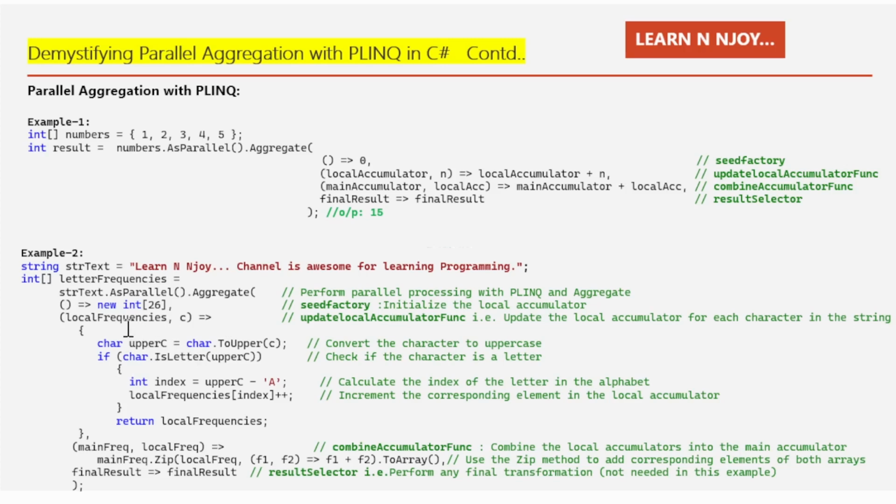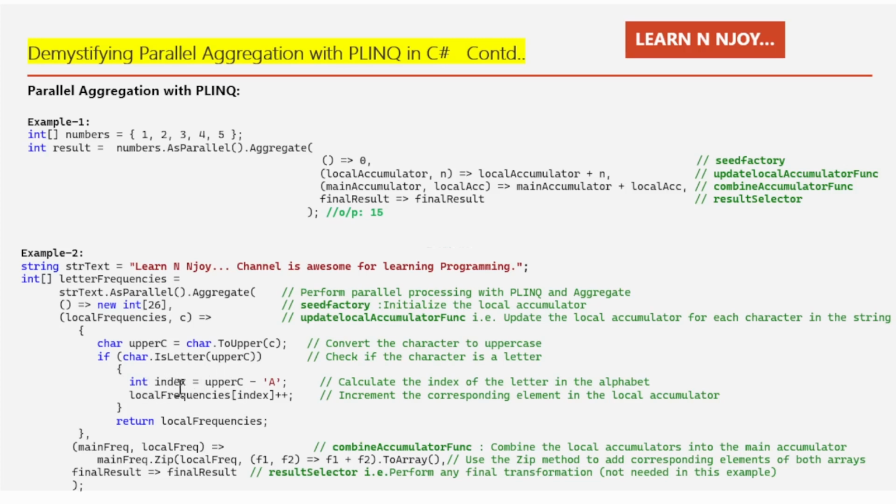So this update local accumulator function updates the local accumulator for each character in the string. It processes each character, which is nothing but the c over here, and updates the corresponding frequency in the local accumulator. If you see what we are doing here, basically we get the uppercase of this character and store it into this character, and then we check if char.IsLetter(upper), then we calculate the index of the letter in the alphabet.